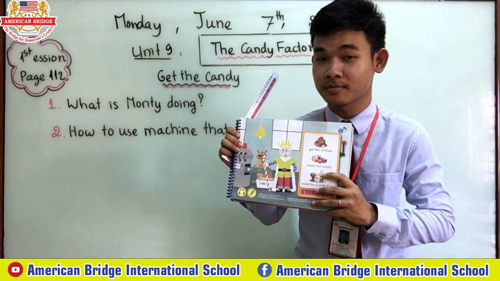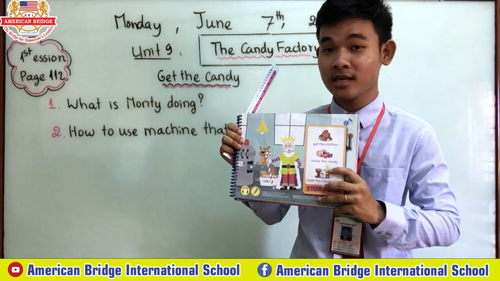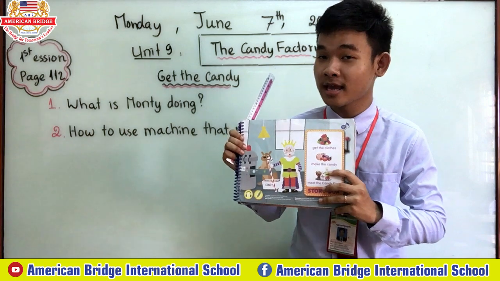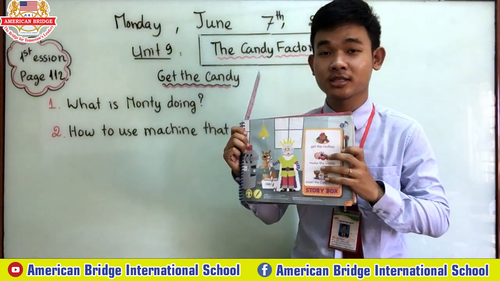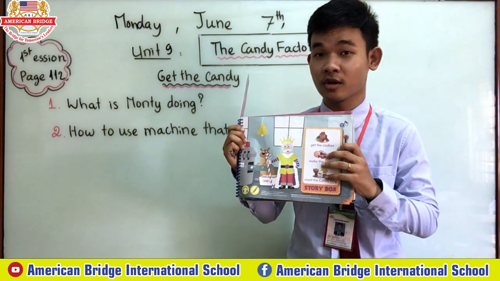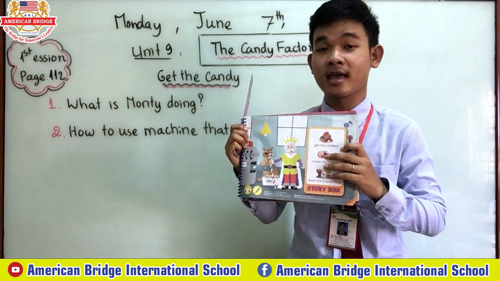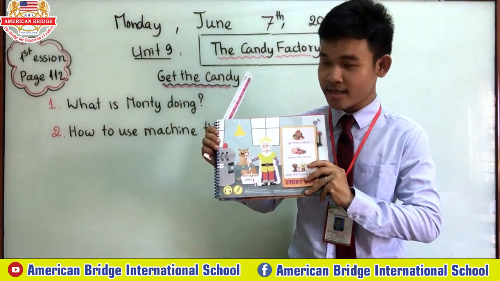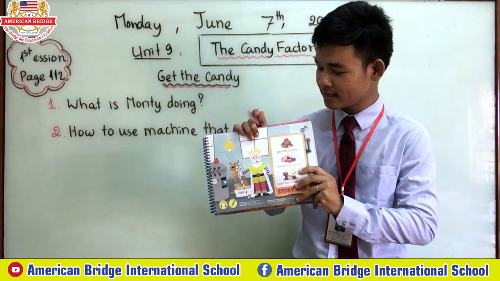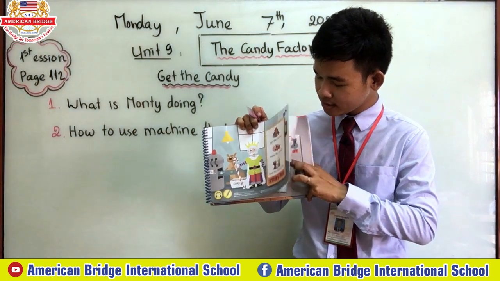Yes, we know already how to use the machine. What about the clothes? Did you know that the machine is special, that you can put the clothes in and it makes candy? Yes, we know too.